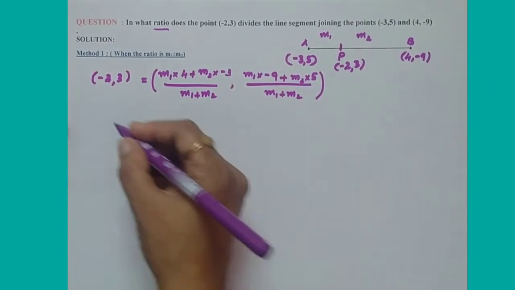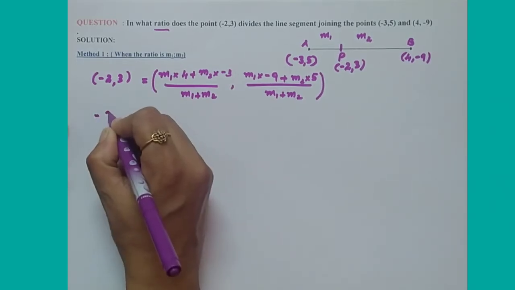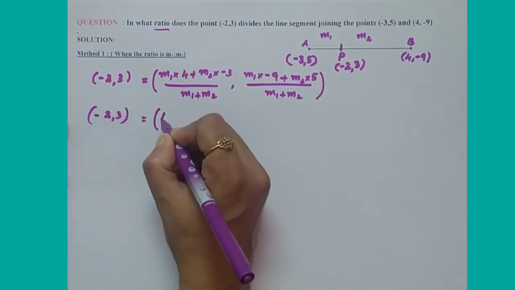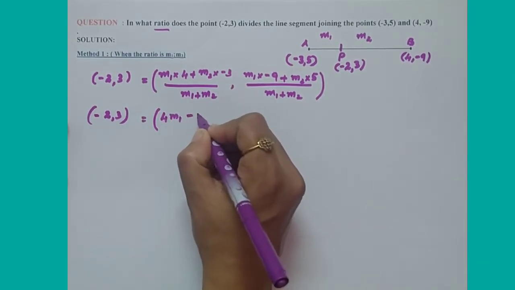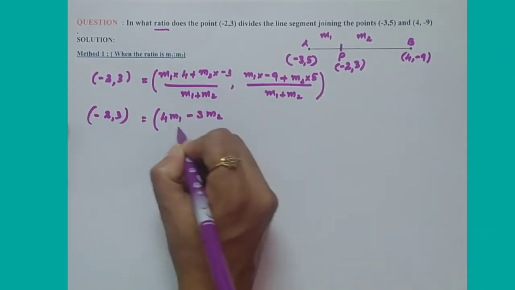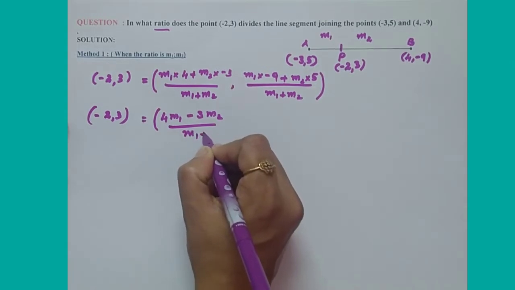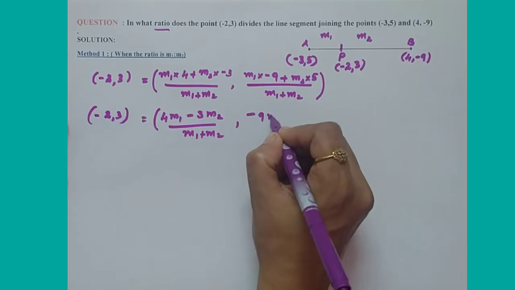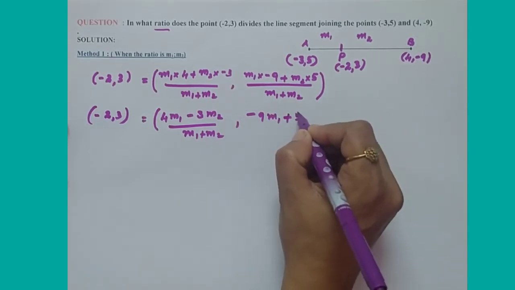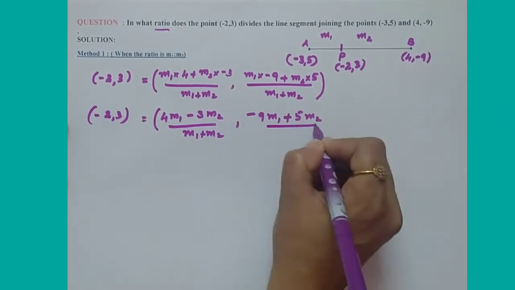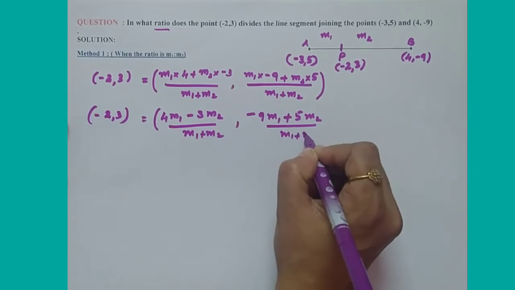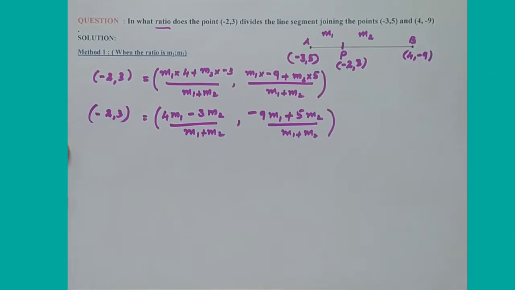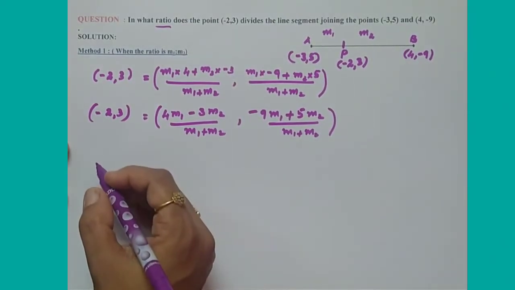Now, I am going to make one more simplification. (-2, 3) equal to (4m1 - 3m2) divided by (m1 + m2), and here (-9m1 + 5m2) divided by (m1 + m2). The next step is equating the x and y coordinates separately.